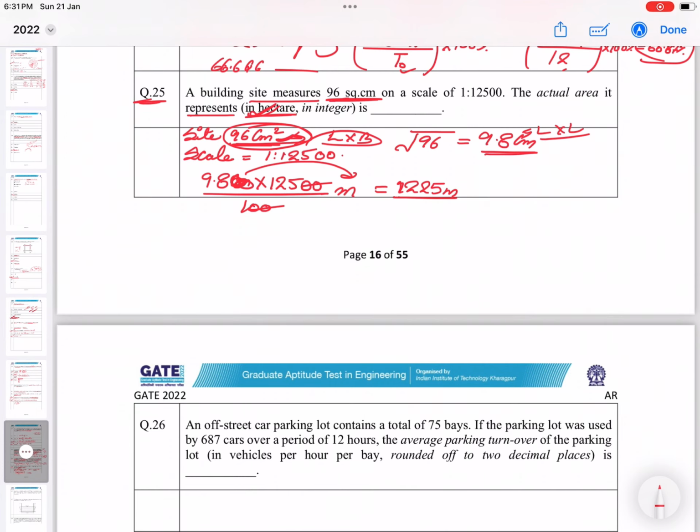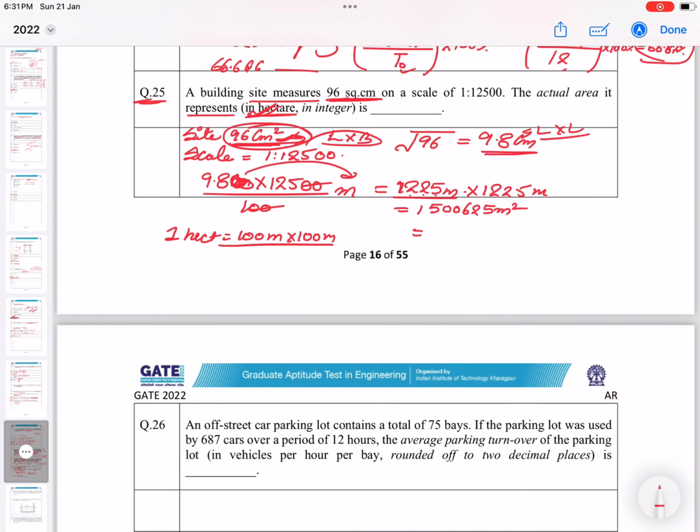Now they are asking the area in hectares. So what I have to do is 1225 meter into 1225 meter, which gives me an area of 1500625 meter square. How much is 1 hectare? 1 hectare equals 100 meters into 100 meters.